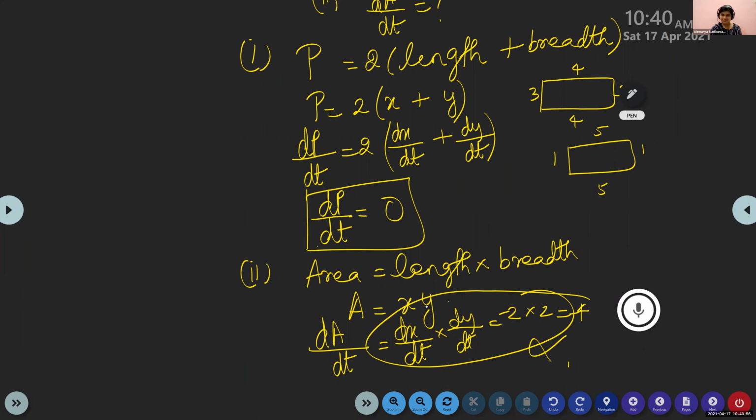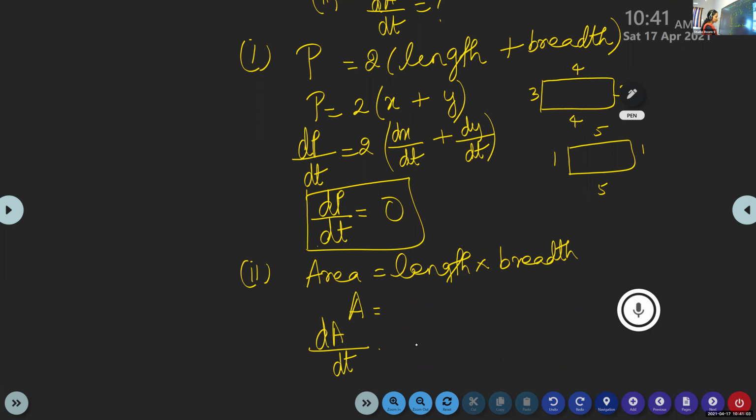Use the product rule. What's the product rule? Keep the first function as such, differentiate the second one, plus keep the second function as such, differentiate the first one. Now, do you understand why x and y are given? Substitute the values of dx by dt and dy by dt and find out what is dA by dt.